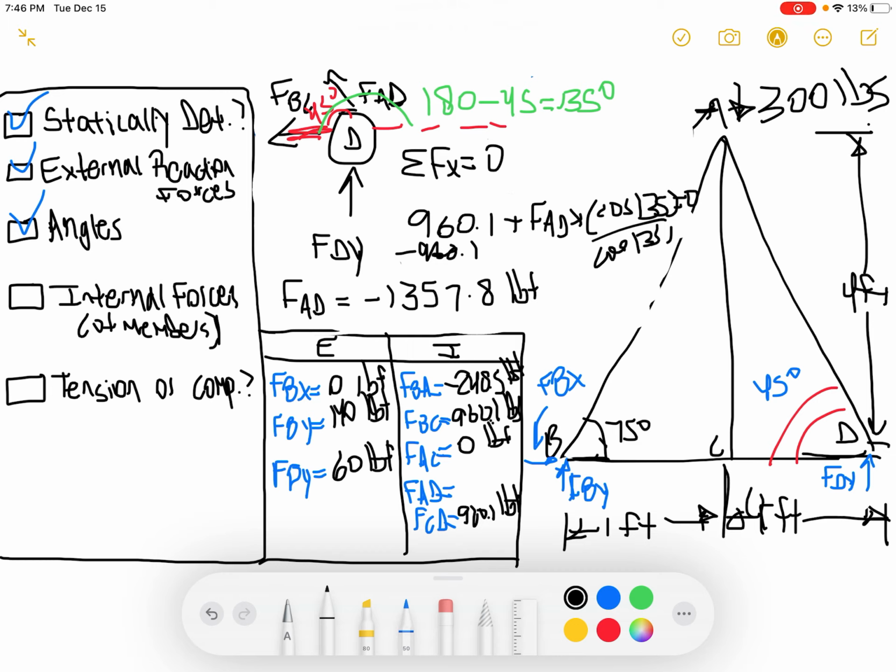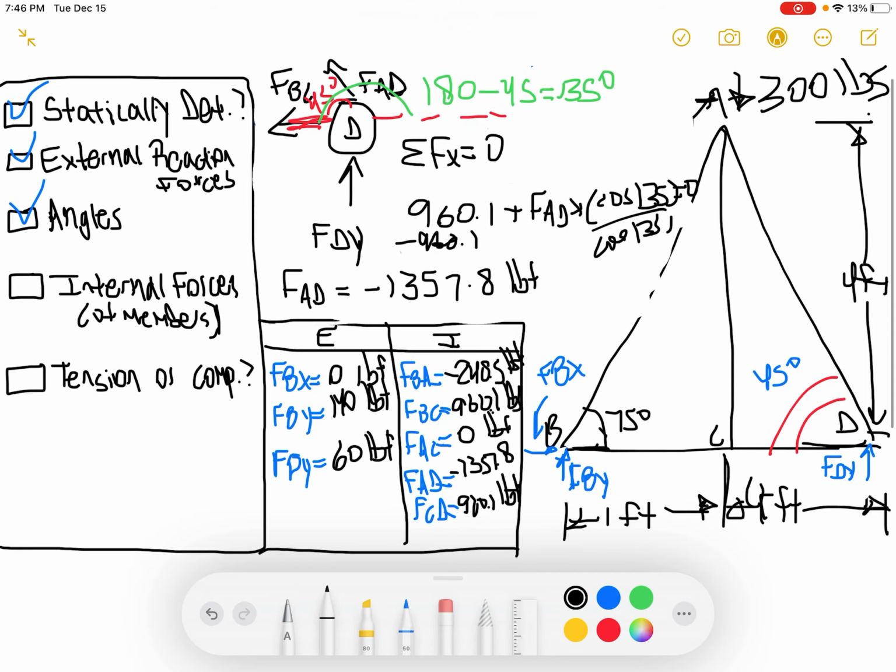We don't have to find the sum of the y forces because that is only FDY, and we already found that, 60 pounds of force. So let me try to get this in here. Pounds of force. And we're almost done. Okay, sorry, that's very messy.